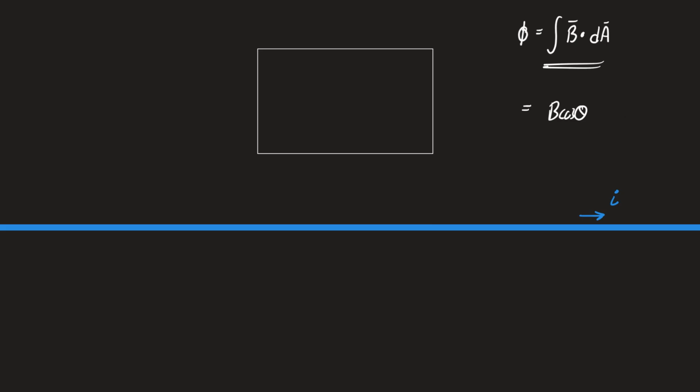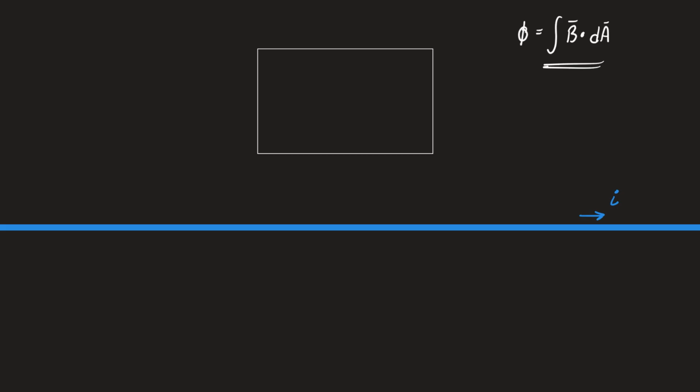Today is interesting in that we could come up with a way of calculating flux where we don't have the luxury of having the magnetic field be uniform everywhere within the space, like what I've drawn here. I have a loop of wire next to a long current carrying wire.